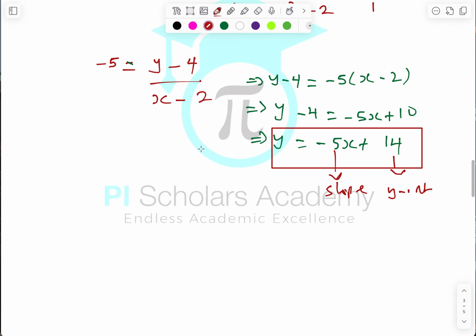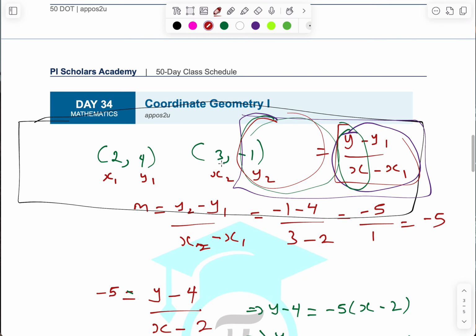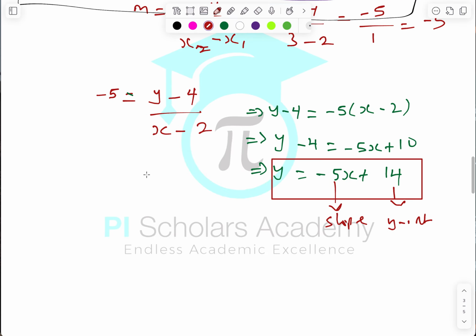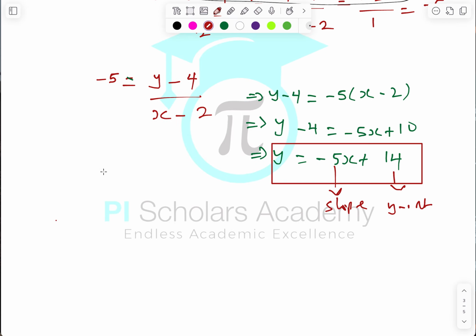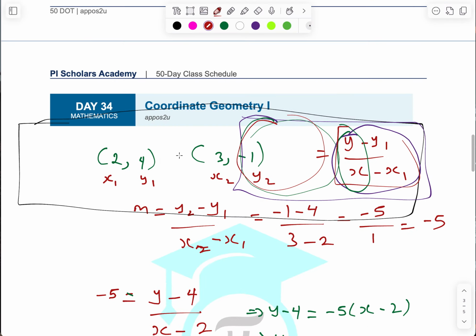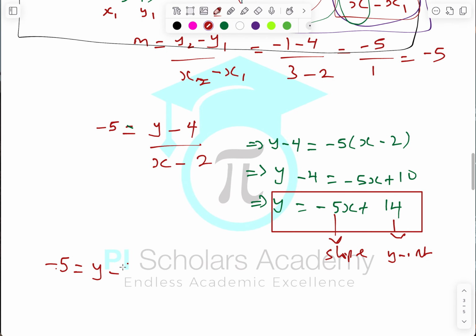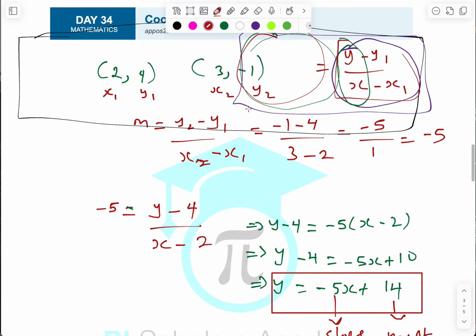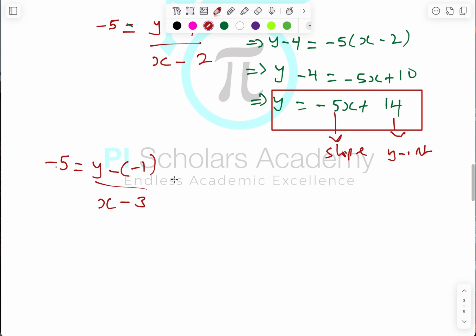So if I choose these 3 and -1, that is x to be 3 and y to be -1, let's see how that will go. That will be -5 equals y minus -1 divided by x minus 3. So this is going to be -5 equals y plus 1 divided by x minus 3.